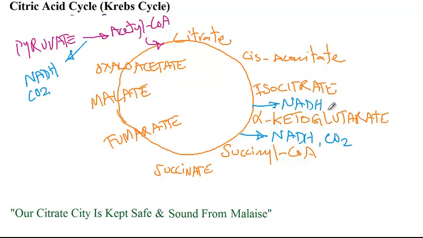After entering the citric acid cycle, these 2 reactions right here will each yield an NADH and a CO2. And then conversion of succinyl coenzyme A into succinate will convert a GDP into GTP, and then GTP can be used to convert ADP into ATP. So that's why you see some of the sources say citric acid cycle, 1 molecule of glucose gives 2 ATP, some other ones say 2 GTP.